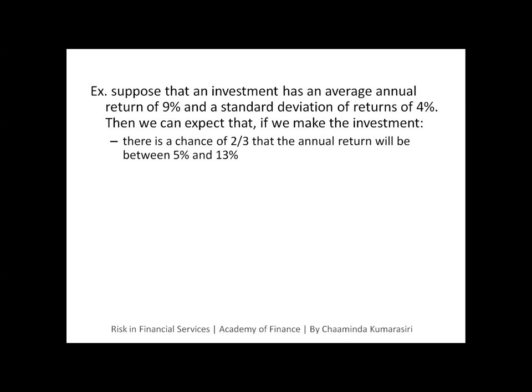So you're looking at the normal distribution we discussed, right? If the data follows a normal distribution curve, 66% of the data will be within one standard deviation from the mean. So here we can consider 9% as the mean return, and 4% is the standard deviation. So within one standard deviation, mean plus and minus, right?